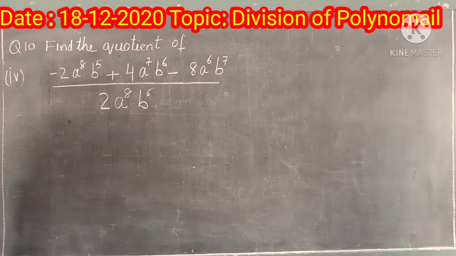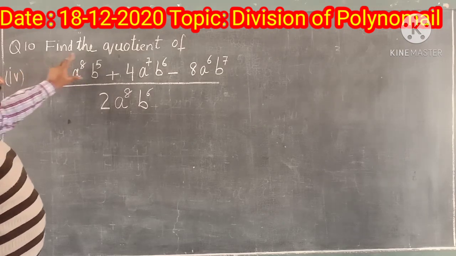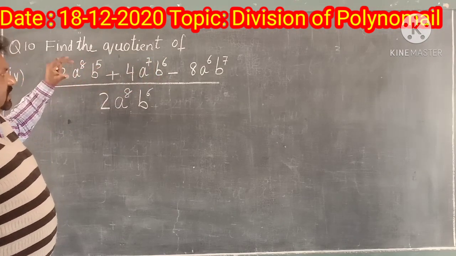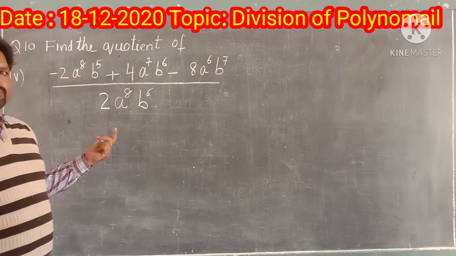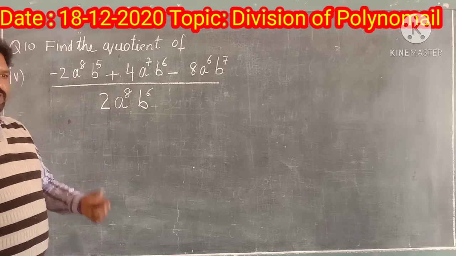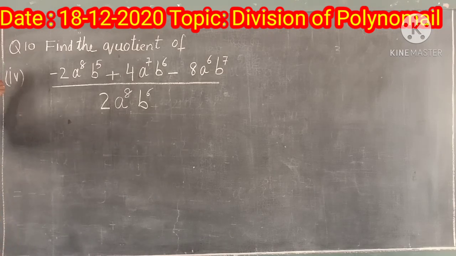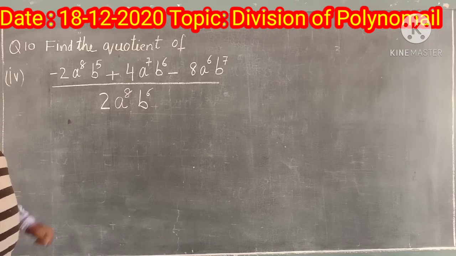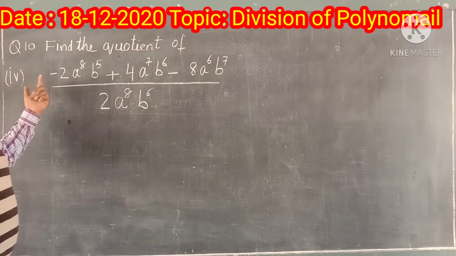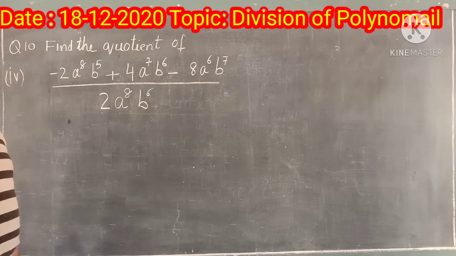Actually, in this question the algebraic expression and the term are both given in fraction form, but in the third part the question was not given in fraction form. So this one is easier than the third part.